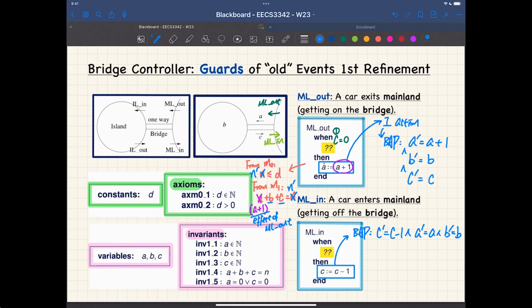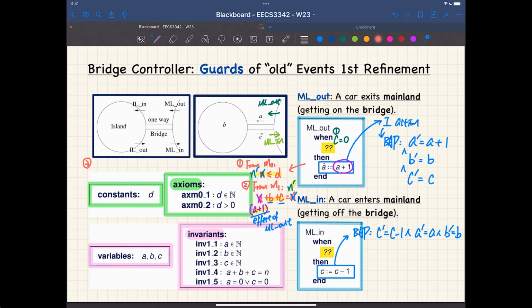Right? Let's now look at these two predicates. And the resulting guard should be quite obvious. We have, number one, N prime should be less than or equal to D. And A plus 1 plus B plus C should be equal to N prime. Okay, let's do some substitution. Think about steps. Step number 1, step number 2, and step number 3.